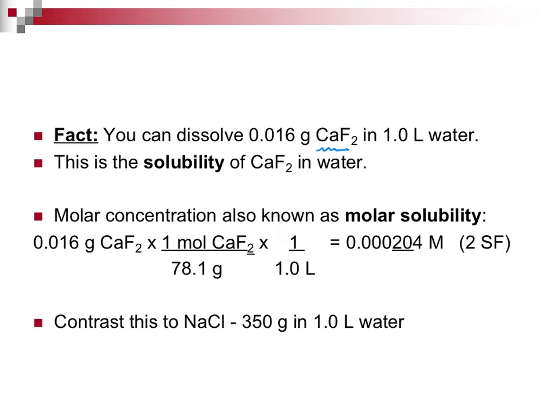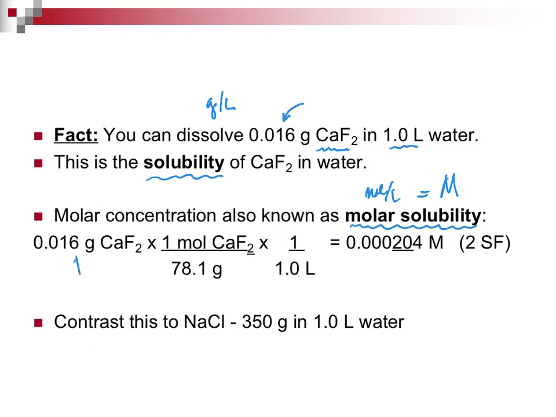If we take calcium fluoride, we can only dissolve 16 milligrams in a full liter of water. That is called the solubility of calcium fluoride in water. You talk about a solubility in grams per liter, but you can also talk of a solubility in moles per liter, and that is the concept of molarity that you are interested in.